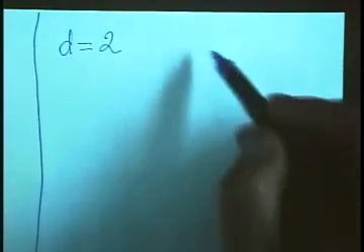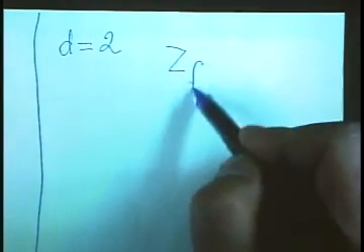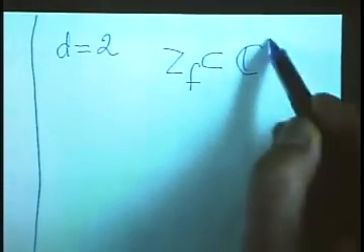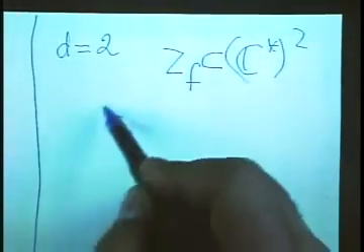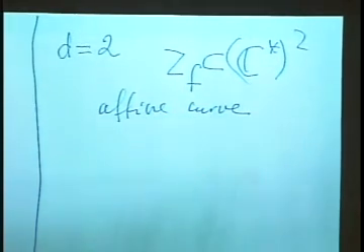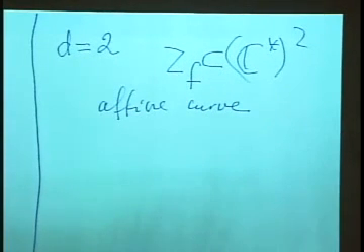So d equals 2 means that our variety will be a curve in a torus of dimension 2, an affine curve, but a complex curve. So you can take a closure of this torus.